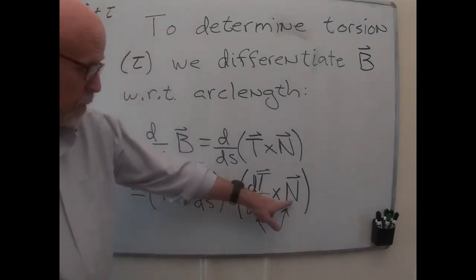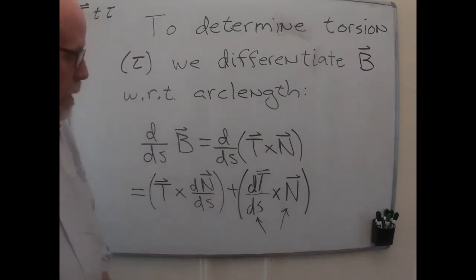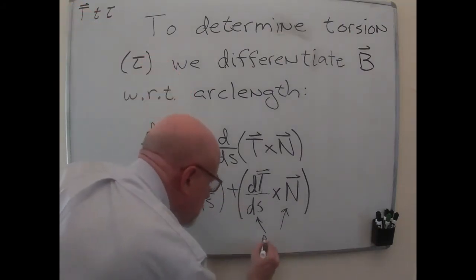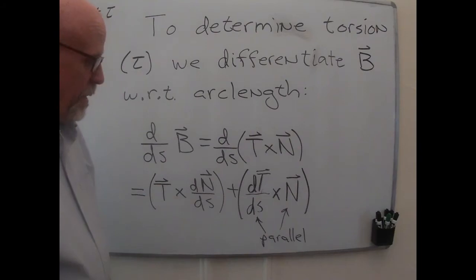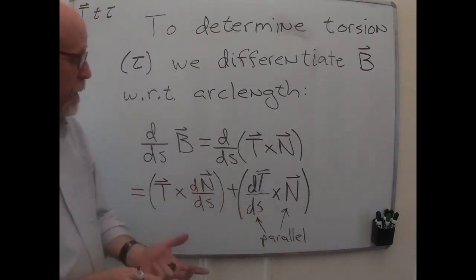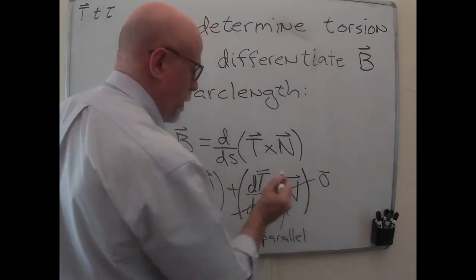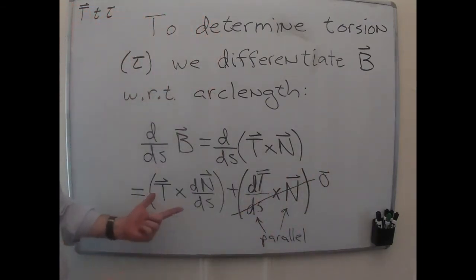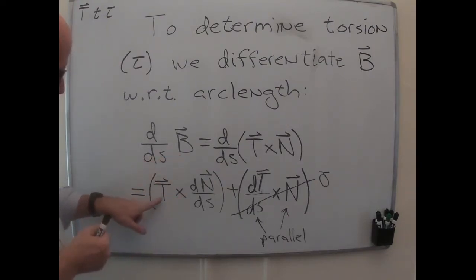You remember that when we needed to figure out the normal vector, we took the derivative of the tangent vector and then scaled it till its length was 1. So these guys are parallel. They point in the same direction, or possibly opposite directions. What's going to happen with their cross product? Whether they point in identical directions or opposite directions, the little parallelogram they form has 0 area. So that whole cross product there is 0. It's actually a 0 vector, I suppose, but it doesn't influence anything. So the derivative of B with respect to arc length is the tangent vector crossed with the derivative of n.